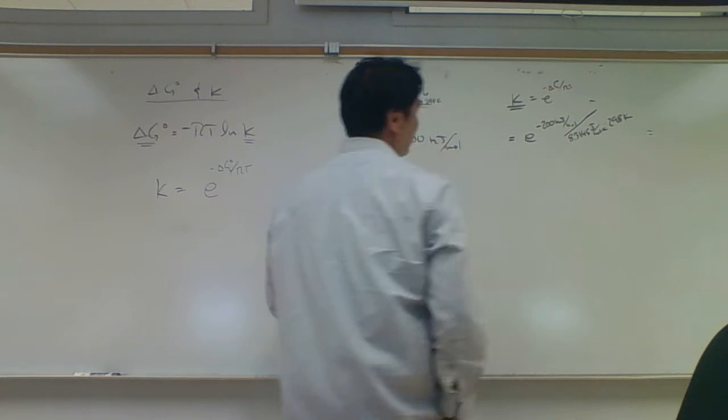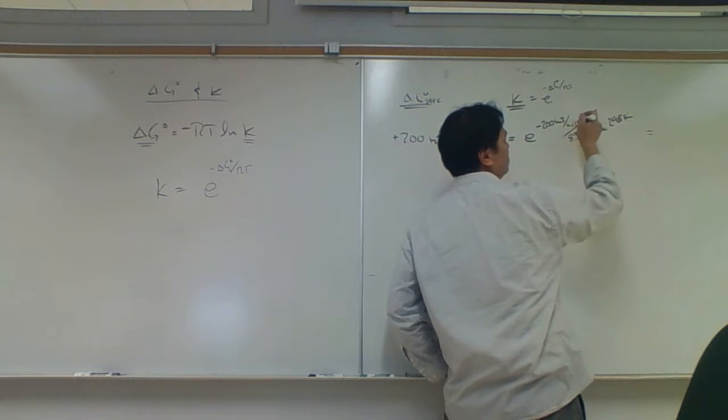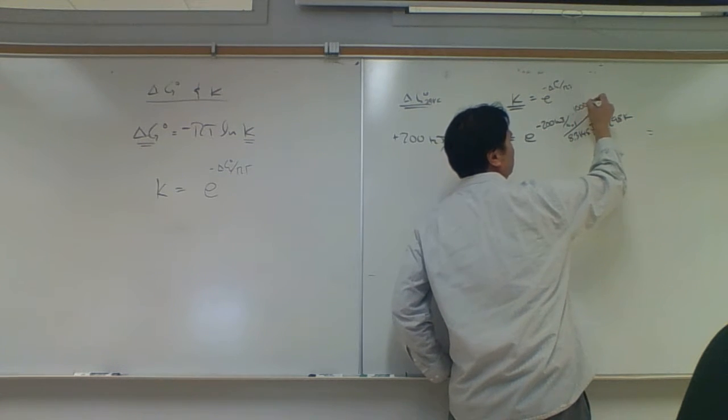Well, one thing is the units don't work out. So let's convert kilojoules into joules, that would be the easiest, at 1,000 joules per kilojoule.